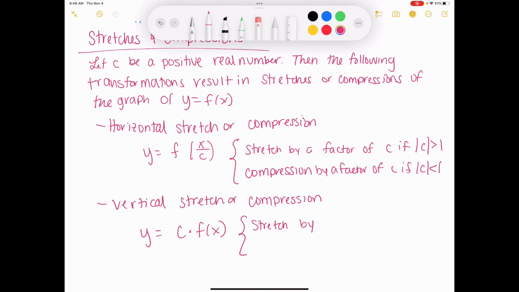Okay, I see this. Thank you. There we go. Stretch by a factor of c if the absolute value of c is greater than 1, and a compression by a factor of c if the absolute value of c is less than 1.